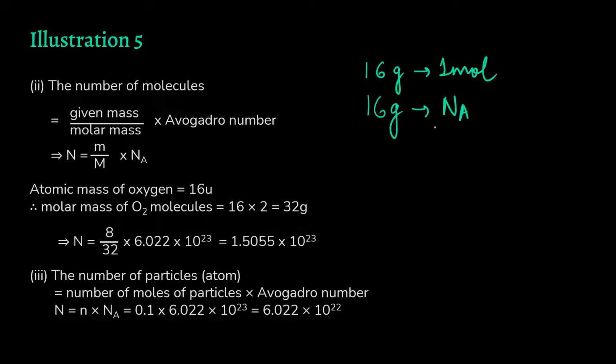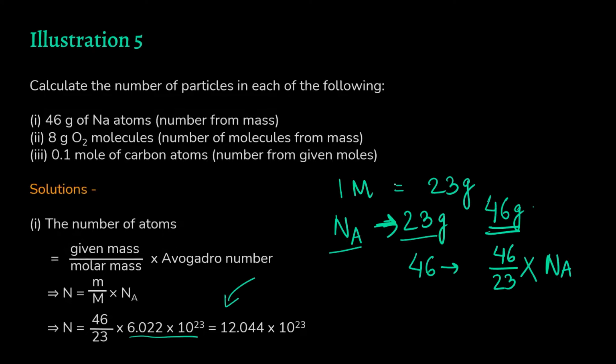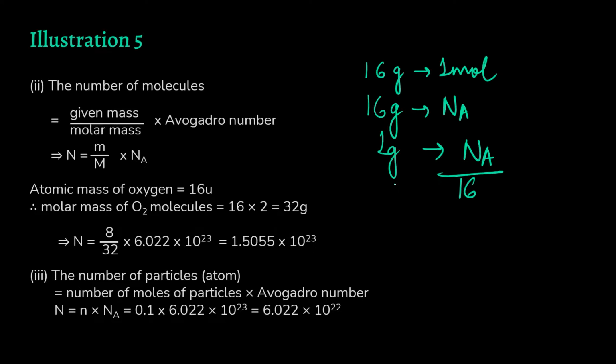If we were to calculate the number of atoms present for 1 gram, we would simply divide the Avogadro constant by 16. And now to calculate the number of particles present in 8 gram, we will multiply this whole thing with 8.